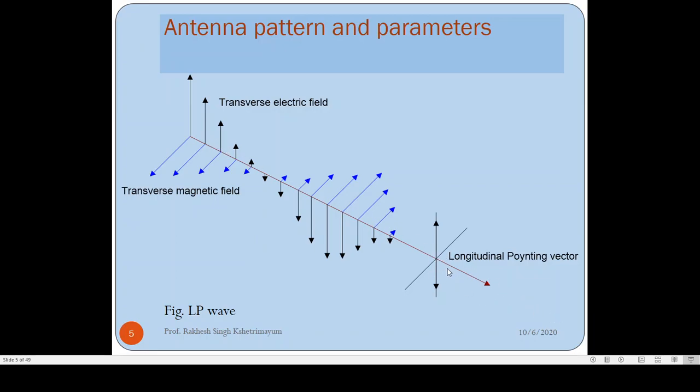You stand here and look at the wave. The electric field vector will always be confined to this line. That's why it's called a linearly polarized wave. You look at the magnetic field also. The magnetic field will also automatically be confined to one line. So for a linearly polarized wave, the electric field is confined to one line. The tip of the electric field traces out a line. That's why it's called a linearly polarized wave.